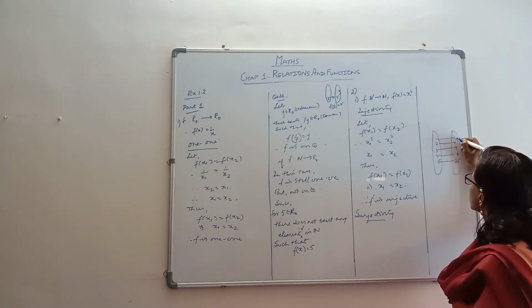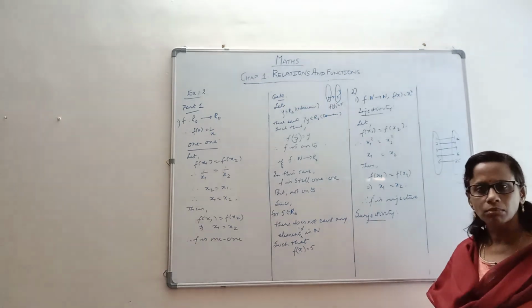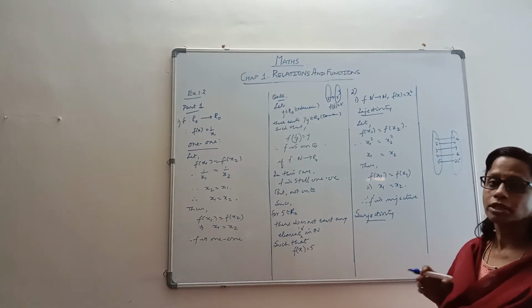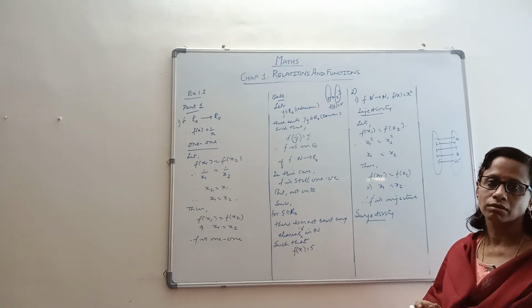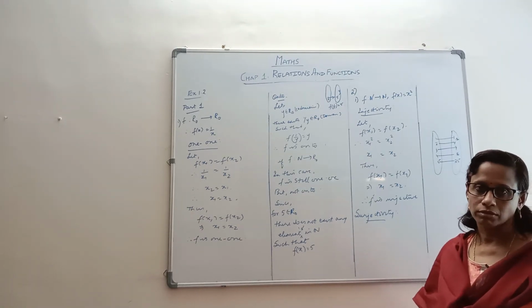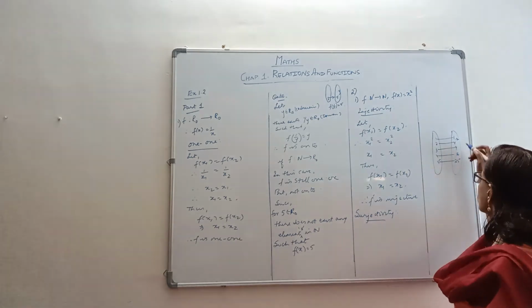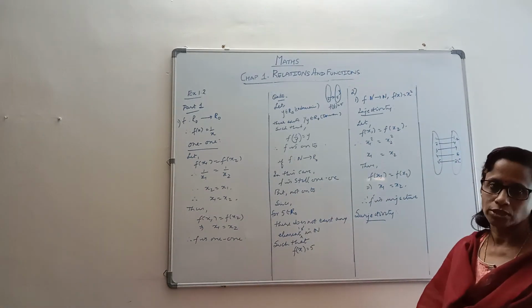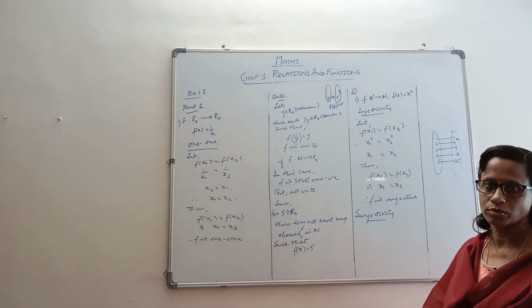What if you take some number like 2? From where does it come? No pre-image, right? So that is a problem. If there is no pre-image, then you cannot have it to be onto. You can take any of these in-between elements and say that there is no pre-image. That is why it is not onto, right?